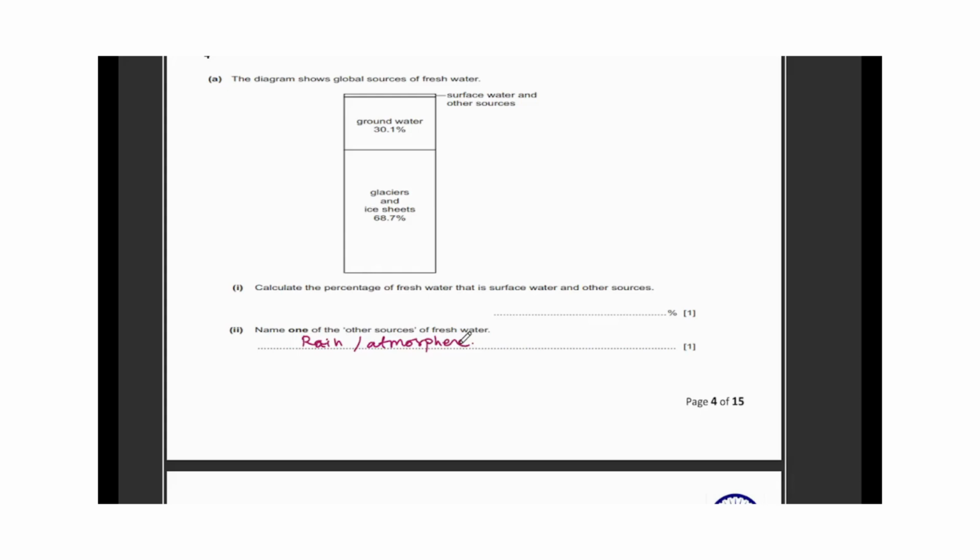I hope you got the percentage now. How much? Percentage of fresh water, that is surface water and other sources. 30 is this, 68.7 is this. How much will be now? The total is 8, and this is 8, and this is 9. This much is already there. So how much is left over? Now you should find out very easily this one.